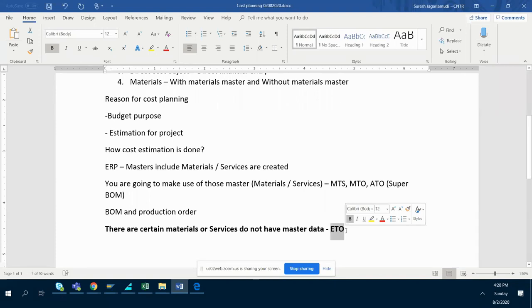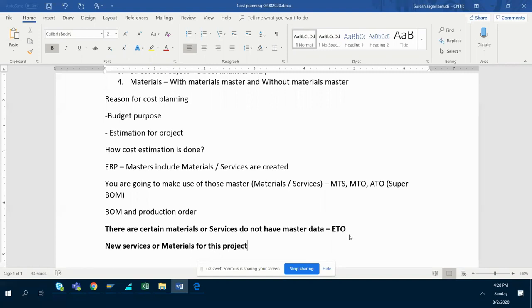Are you getting what I'm saying? If you create an ETO project, the existing material master and service master is not enough to complete your project. It means you have to mandatorily create a set of new services or materials for this project.